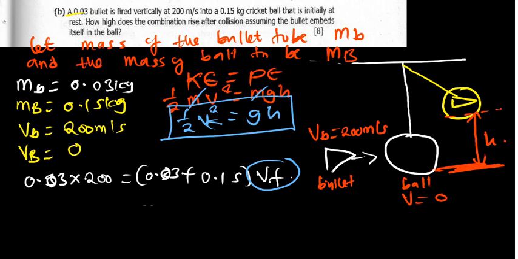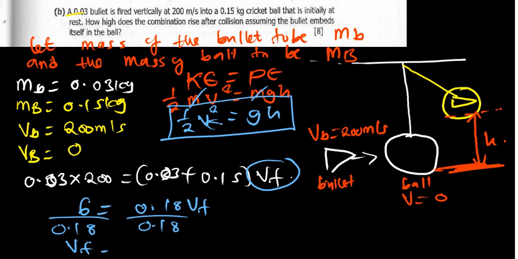So I'm going to say 0.03 times 200, which is 6. Then I also have 0.03 plus 0.15, which gives me 0.18 v final. I can divide both sides by 0.18. So our v final will be 6 divided by 0.18, which is 33.33 meters per second.